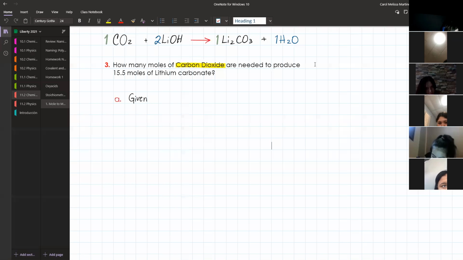So I'm going to relate them here. Carbon dioxide and lithium carbonate. Now it's okay. Lithium carbonate, which is here. That's what I'm going to relate. Now, I'm asking you to find moles. So here, unknown, number of moles of carbon dioxide.